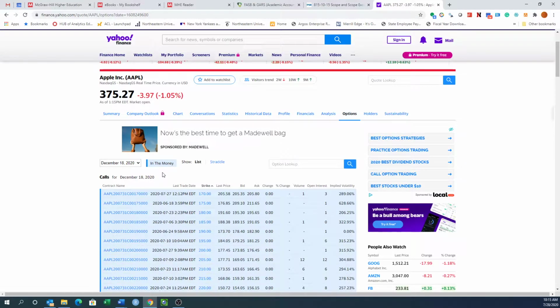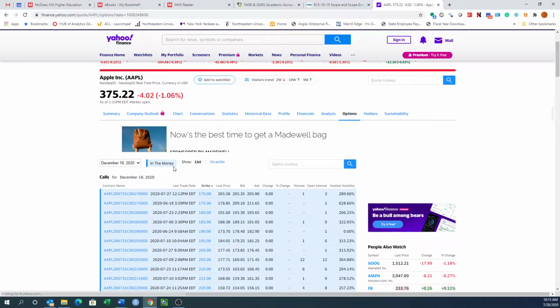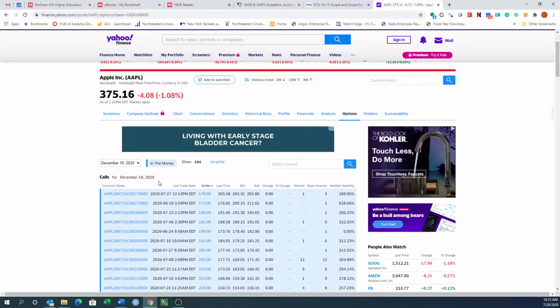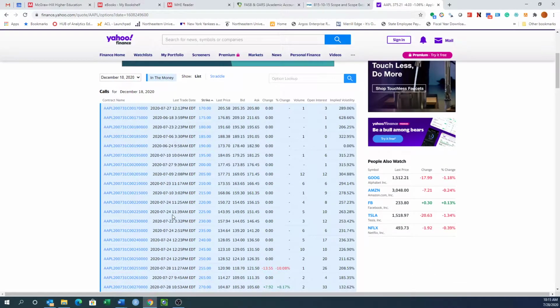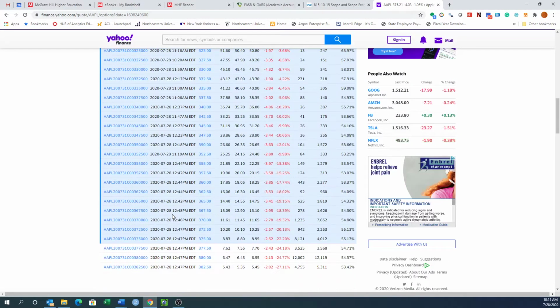Well, right up here we see that anything shaded in blue is in the money. So what does that mean? Okay, well, this is what it means. So for the very first line, we have this Apple contract, right? It's still saying July 31st, so I'm not really sure why that is. So let's see if we can scroll down a little bit, see if we can find the December 31.